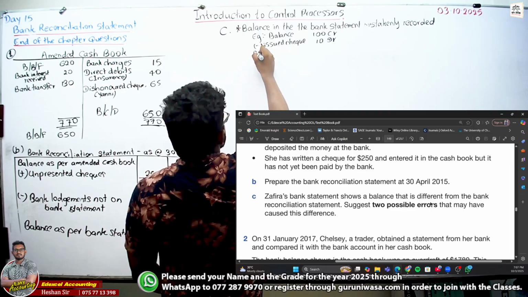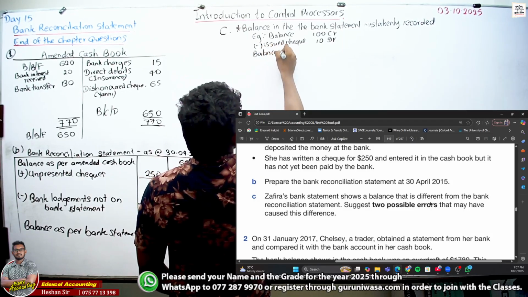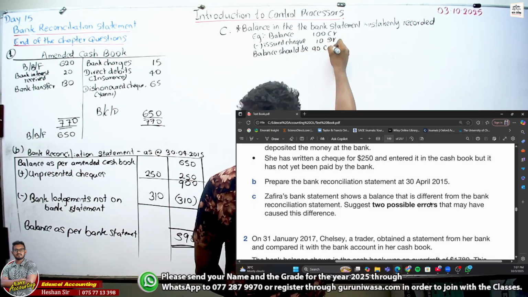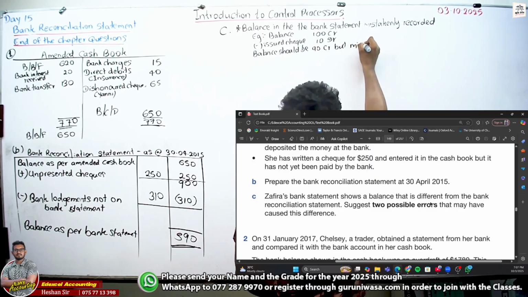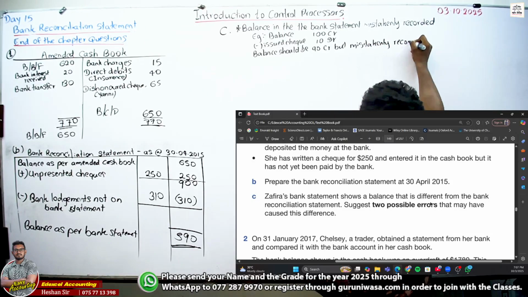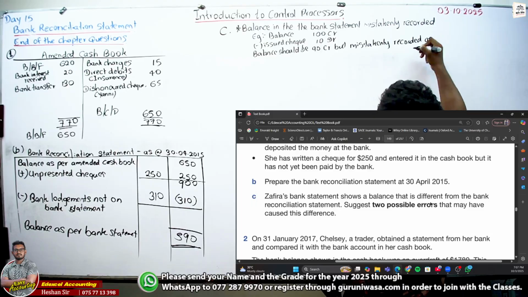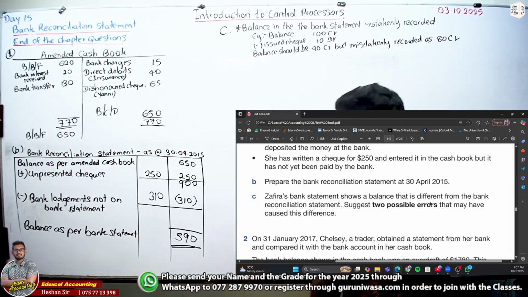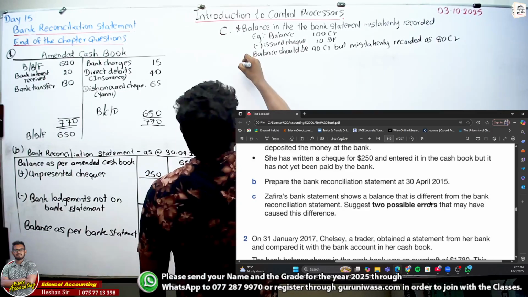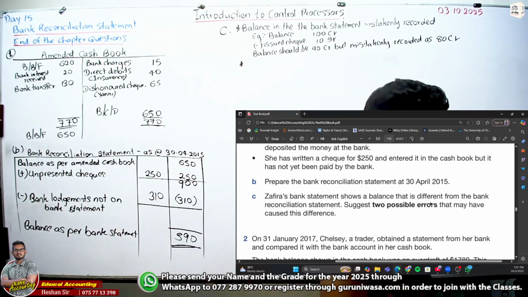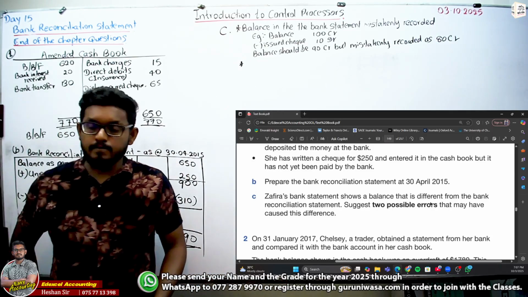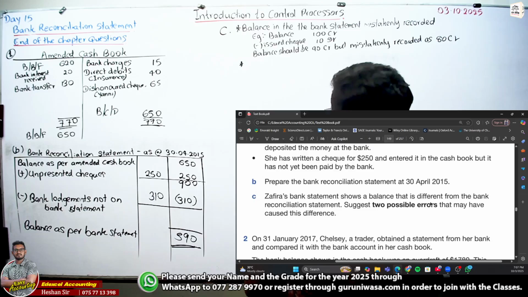So the balance should be 90 credit, but mistakenly recorded as 80 credit. Understand? One error. Another one, right? Another one.